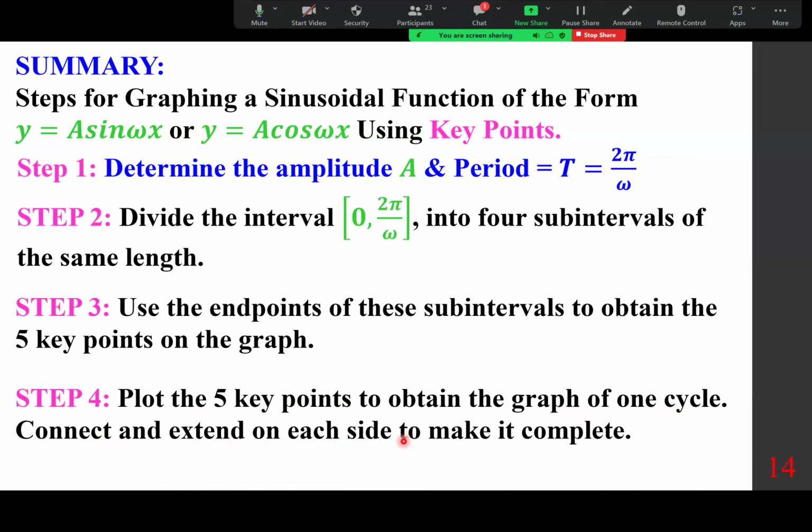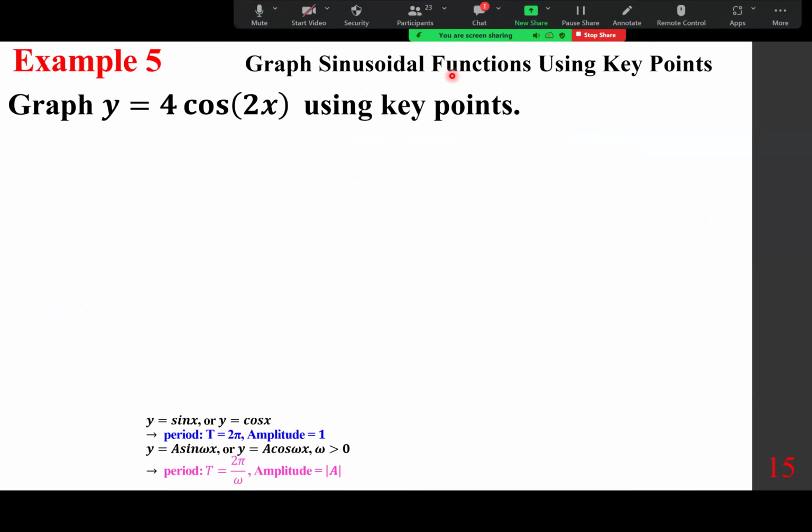What do we mean by that? Let's find out. Graph sinusoidal functions using key points. Y equals 4 cosine 2x using key points. We start with the amplitude, and again, the information is here. We should know that. The amplitude is the absolute value of 4.